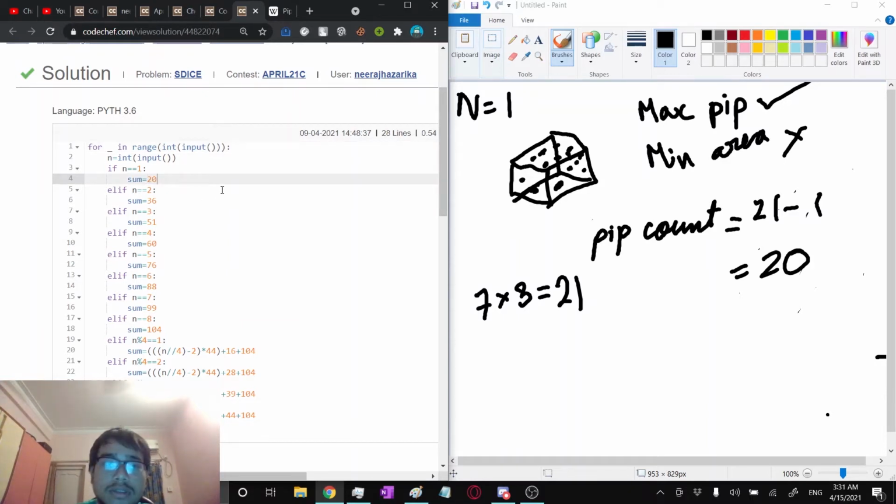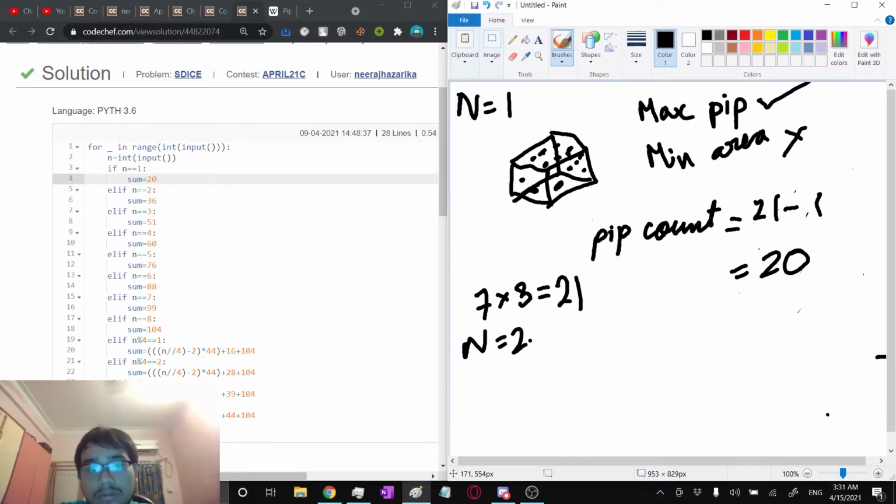As you can see, when n equal to 1, the pip count is 20. When n equal to 2, we have to put the die in such a manner that the pips which are hiding, which are not visible to the eye, should be the least.